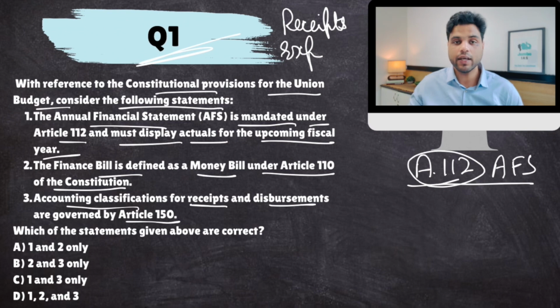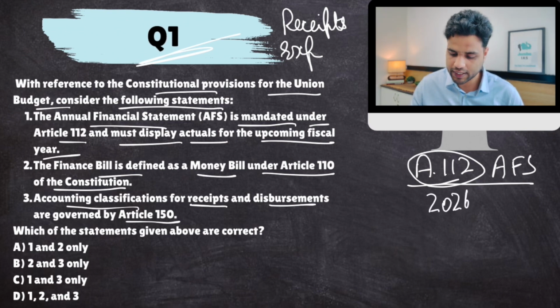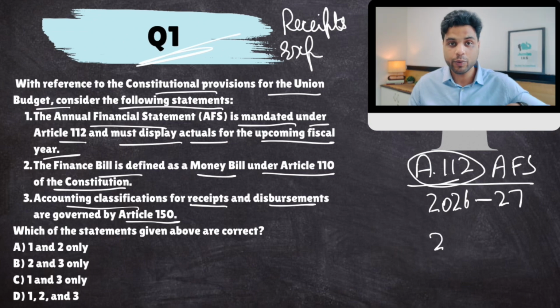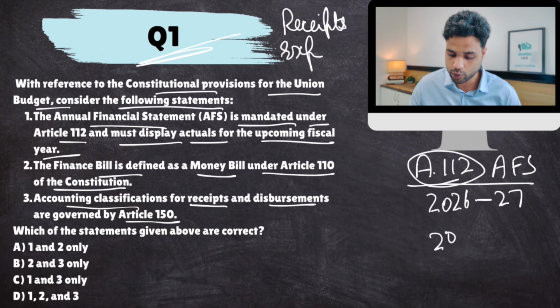The upcoming year, the coming financial year, will begin on 1st April 2026 and go on till 31st March 2027. Then the current year, which is currently going on and will end on 31st March 2026, is 2025-26. And the previous financial year was 2024-25.